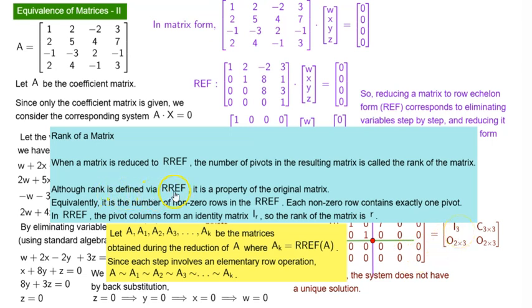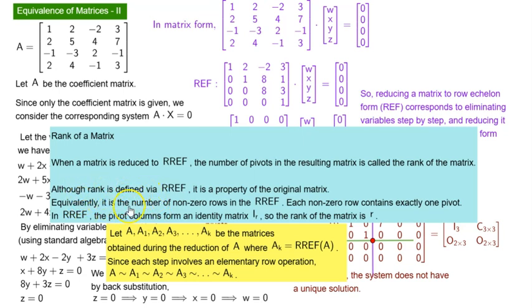Although rank is defined via RREF, that is the row reduced echelon form, it is a property of the original matrix. Equivalently, it is the number of non-zero rows in the row reduced echelon form. Each non-zero row contains exactly one pivot. Again, in row reduced echelon form, the pivot columns form an identity matrix I sub R. So the rank of the matrix is R. Basic definition is when a matrix is reduced to RREF, the number of pivots in the resulting matrix is called the rank of the matrix.